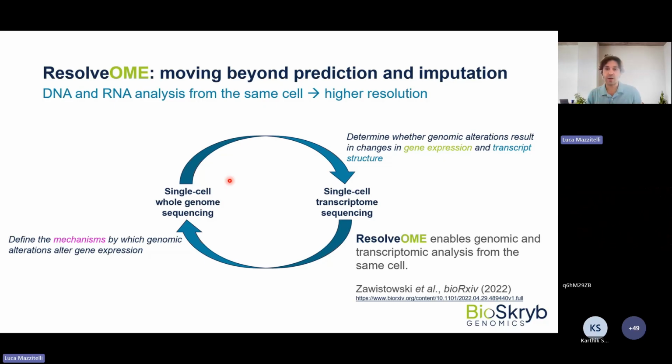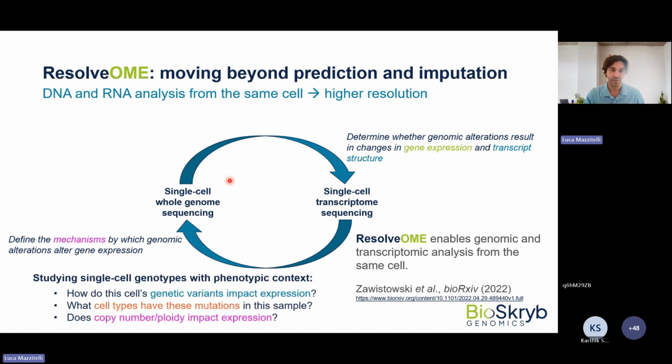Or the other way around, we can focus on the gene expression first and then try to find out if those genes are influenced somehow by a specific mutational profile of the genes of interest. So this is a really unique solution that allows you to couple genomic and transcriptomic information from the same cell.